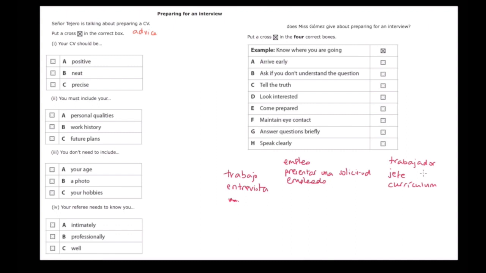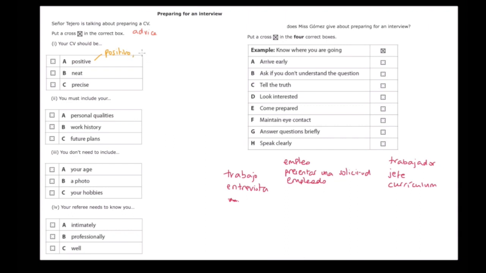Now let's have a look at more specific vocabulary that we may need depending on the questions. So, according to Señor Tejero, this is part 1, your CV should be positive, neat, or precise. Notice there's no example here. If it was positive, we've got words like positivo, but remember, unlikely.